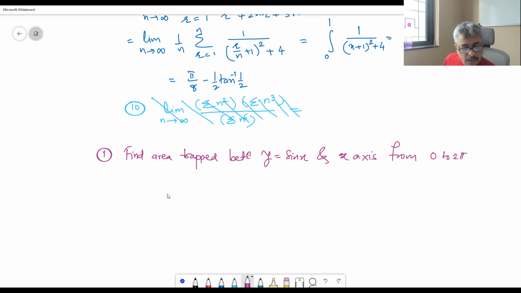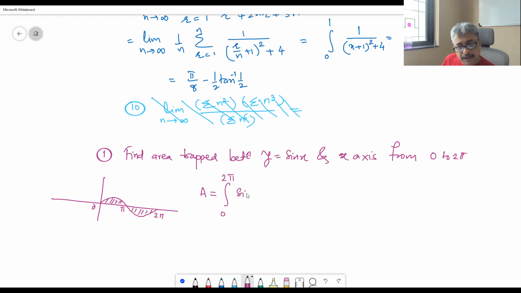Okay, so what we are talking about is this: 0, pi, 2 pi, the sine curve and the x-axis.